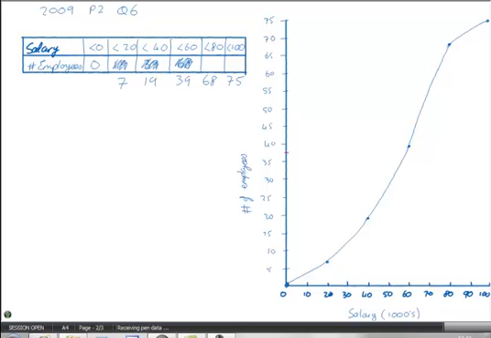Go directly across and down, making sure all lines going across are parallel to the x-axis, and lines going down are parallel to the y. So this is the median.